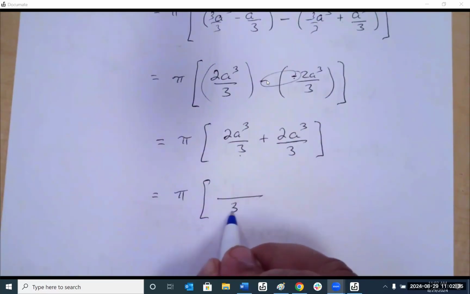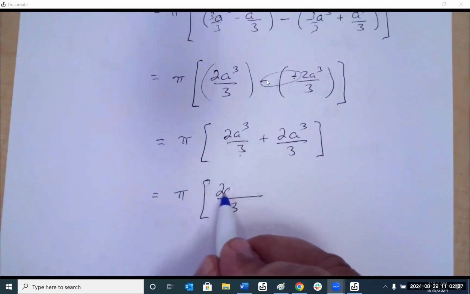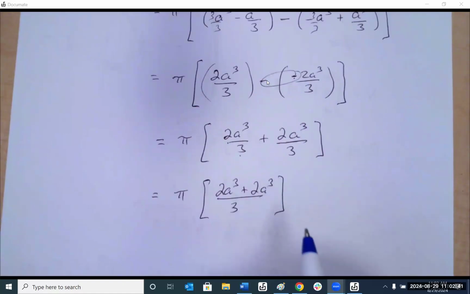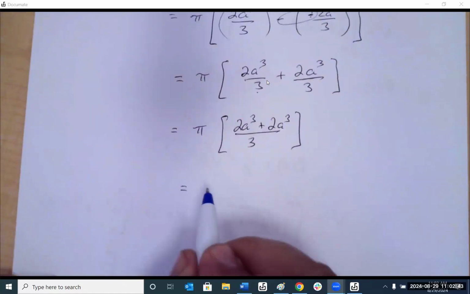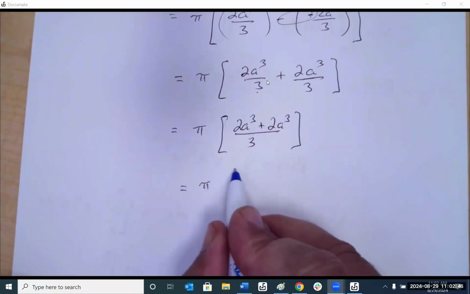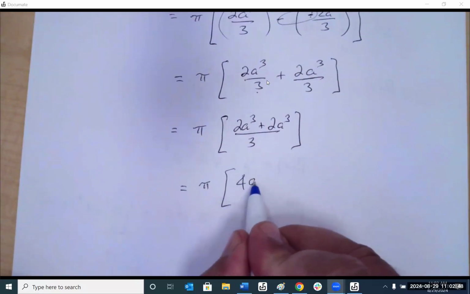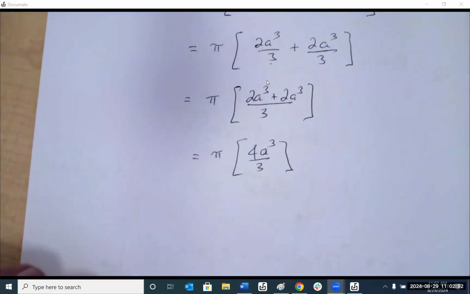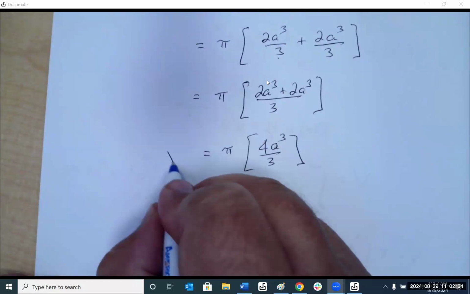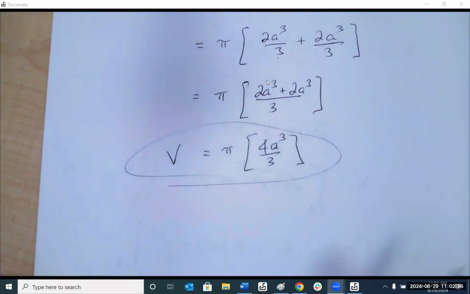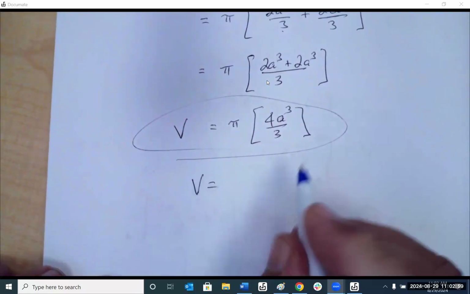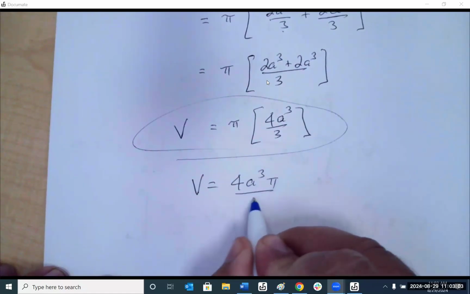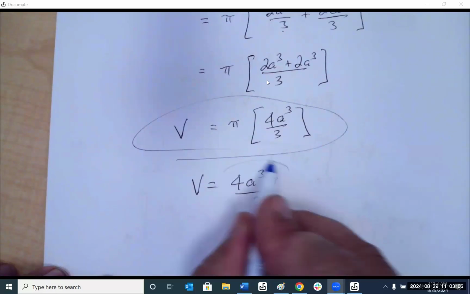Common denominators: add 2a cubed plus 2a cubed. So that's my volume: 4a cubed pi over 3.